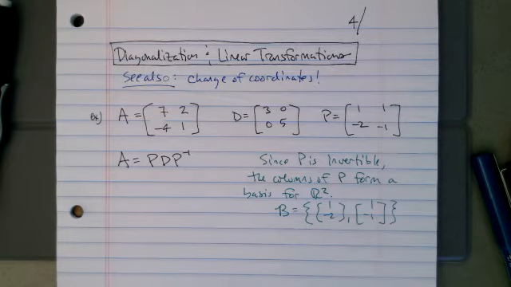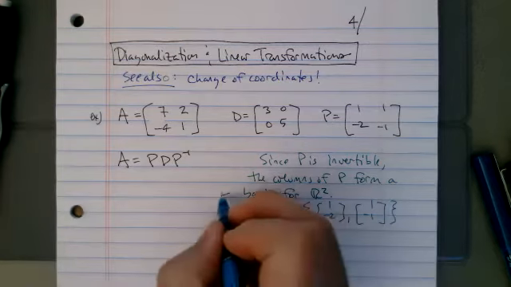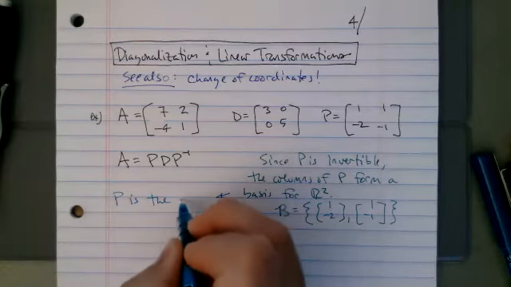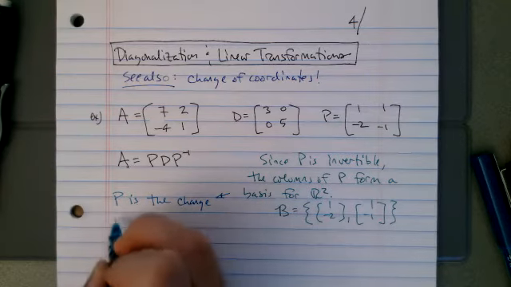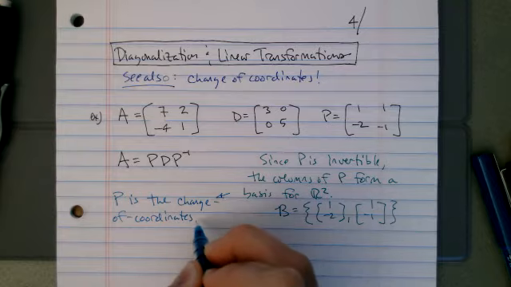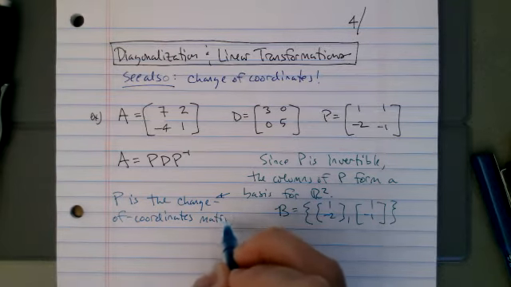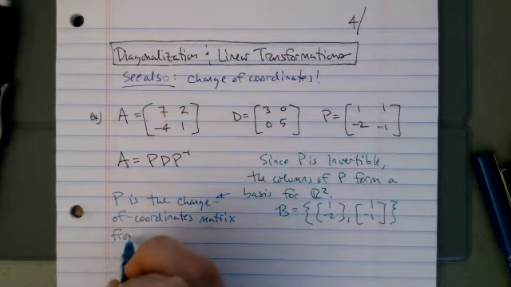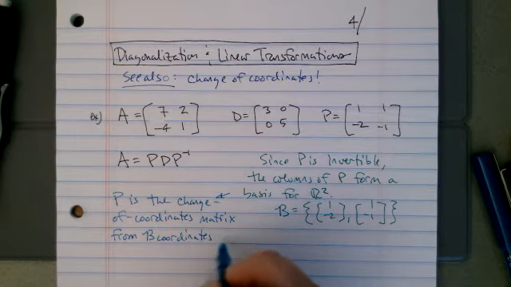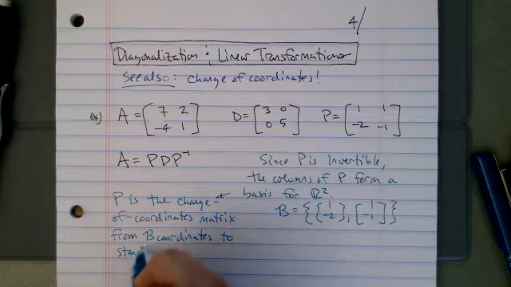Moreover, the matrix P is the change of coordinates matrix from B coordinates to standard coordinates.